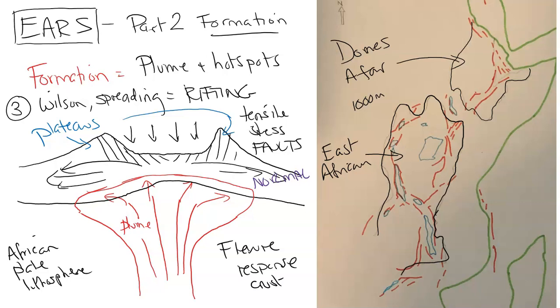This is called downfaulting, as I mentioned earlier, where the section of crust or lithosphere right above the plume is going to actually become thinner and stretched and start to have subsidence and fall down, and you're going to have this nice graben formed through the stretching of plates.